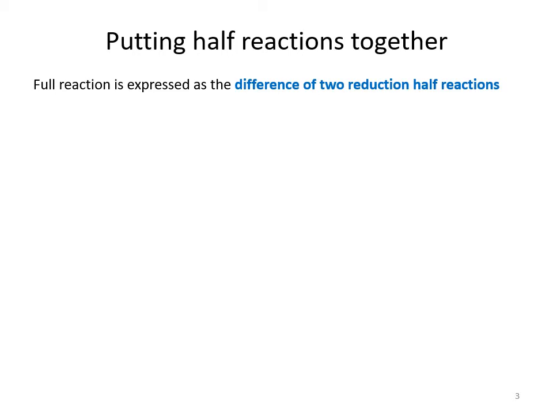Right, so we need to be able to break a full equation down into its two halves, but also we need to be able to take two half equations and create a full equation.